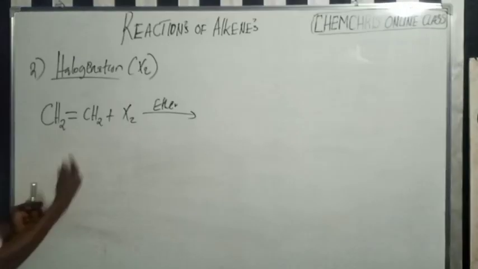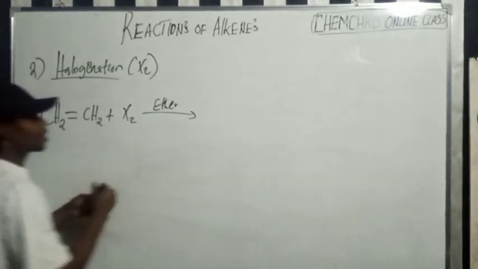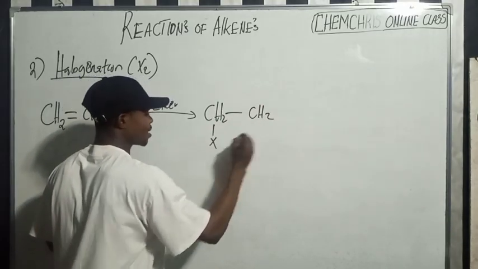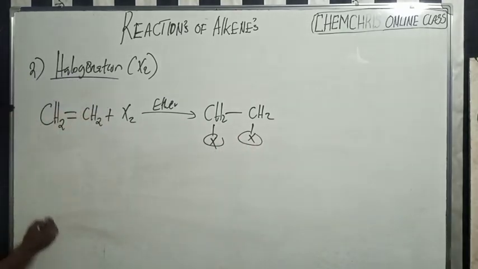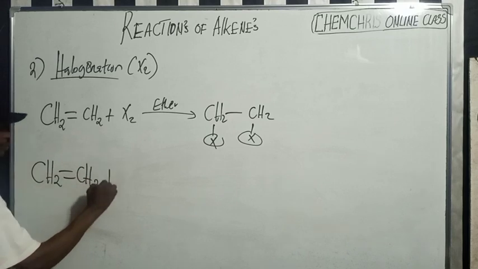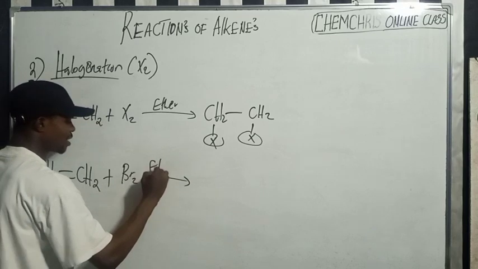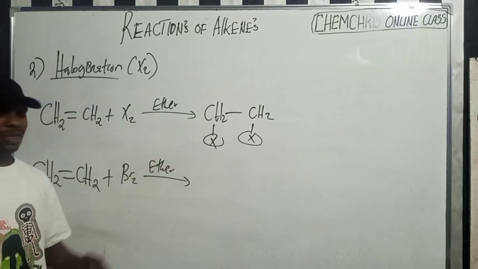So now what happens here? Just like the way we added hydrogen, you want to add X here. You want to add X here. So it's going to be CH2 X, here we have CH2 X. So these are the two halogens. So if I have something like CH2 double bond CH2 plus Br2. Now what will be the product? Here we can say ether. At times you can leave this one out because this is not a catalyst.